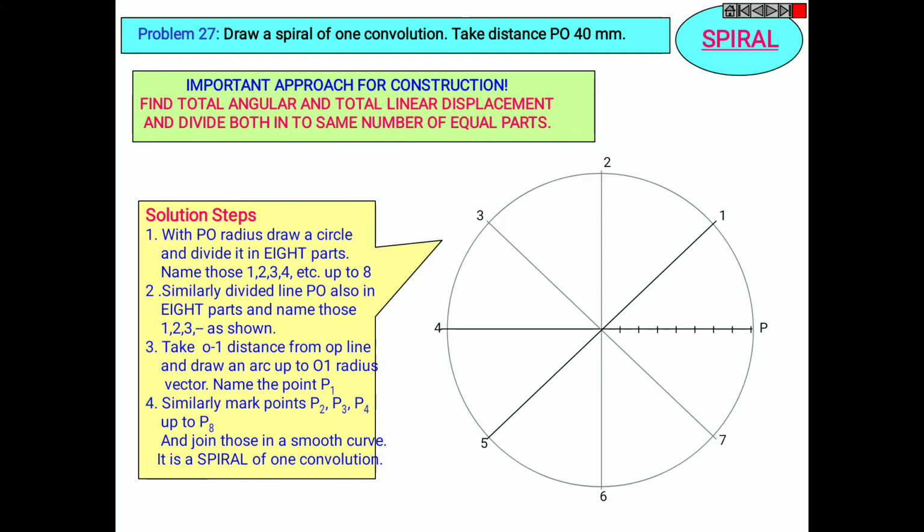The 8th point is P itself, the center is O. Divide OP again into 8 equal parts and name them 1, 2, 3, 4 and so on to 8. 8 is O.